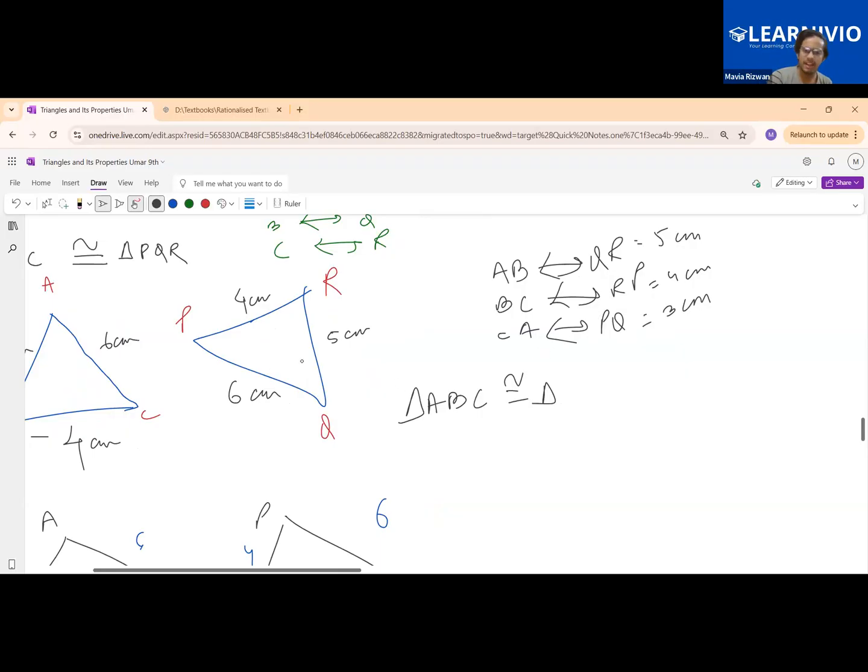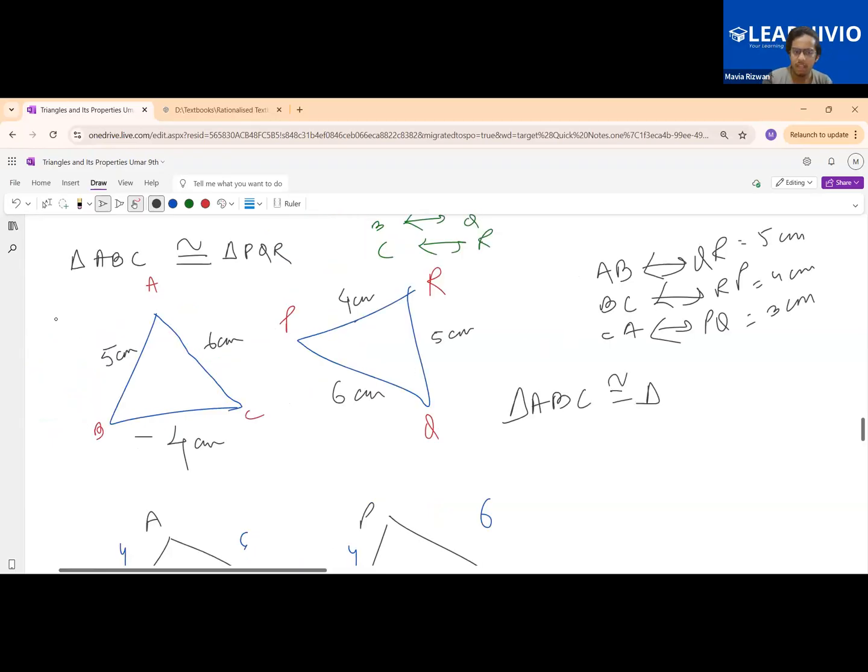So now triangle ABC. See, AB is corresponding to QR. BC is corresponding to RP, so I'm going to write RP. Now it will complete everything. How to check it from here? This should correspond here. AB and QR are equal, that is 5 centimeters, right, Umar?